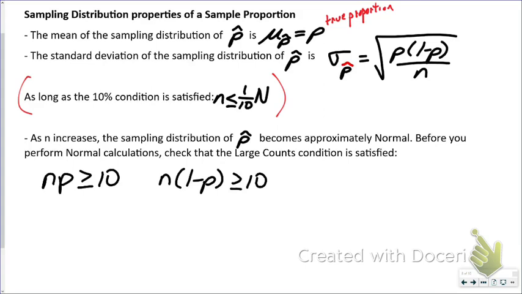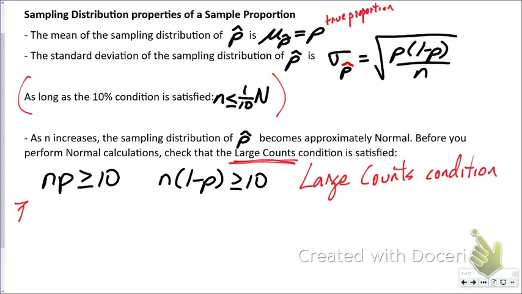But the last thing on the page is super important. It's called the large counts condition. I know it's typed, but maybe rewrite it right here. Make it stand out. It is very, very important.